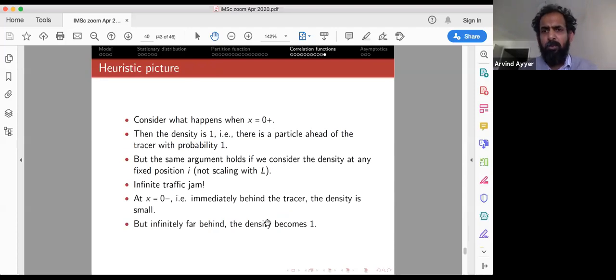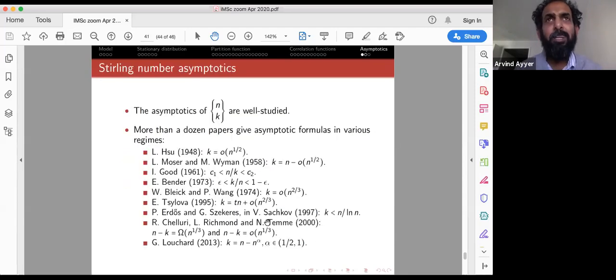Okay, I'm kind of over time, but maybe let me just tell you something about the asymptotics. I'll take a couple of minutes. So when I was trying to understand the asymptotics of this partition function and all these calculations, I tried to see if I can use anything from the literature on Stirling numbers.